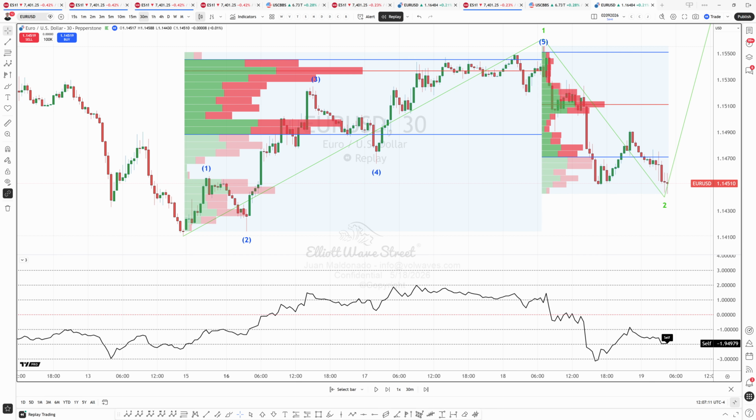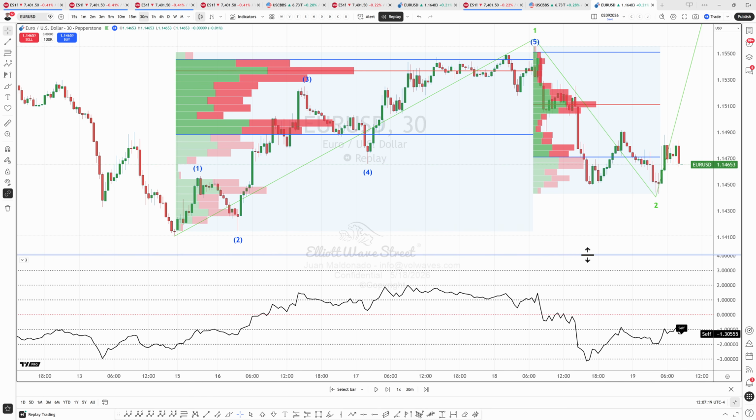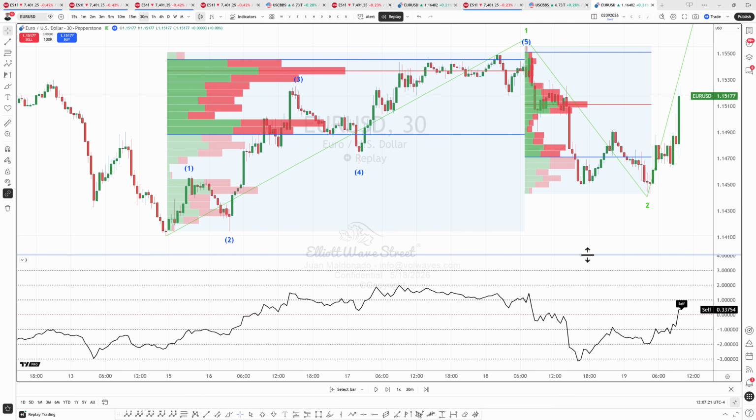So we start the process, we start following the setup, and the price moves higher, till finally it hits the point of control, plus the self returns to the zero line.